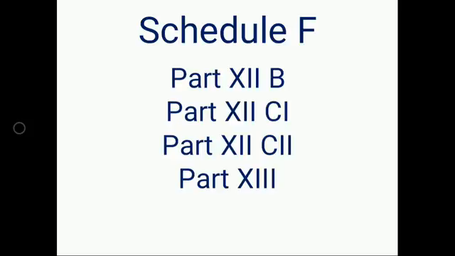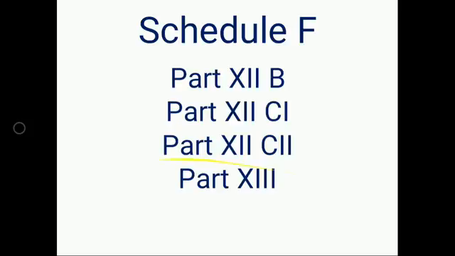So if we want to manufacture blood products, right, then what are the specific requirement for that? Okay, and part 12c2, that deals with the requirement of manufacture of blood products from bulk finished products. That is the difference between C1 and C2. And part 13 is the journal part, right? Whatever the requirements that are journalized, right? So all schedule F deals with specifically the blood component related requirements for functioning and operation, right?